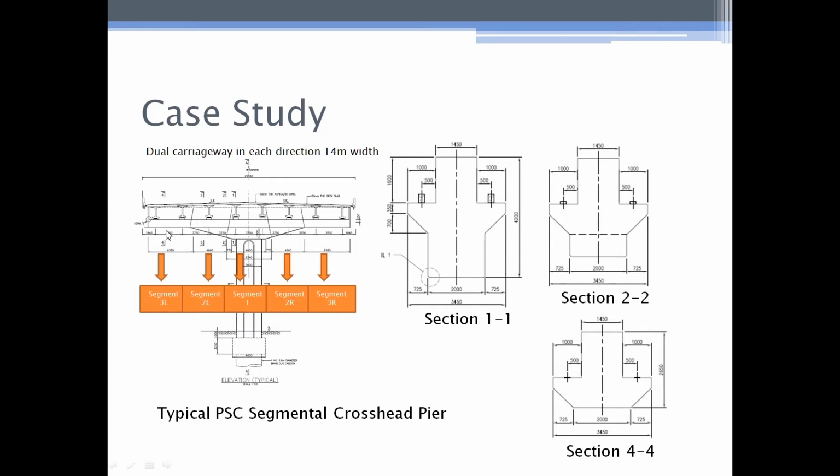You can see here the T pier types consist of 5 precast concrete segmental crosshead pier, and we will be going to see the design procedure of this type of pier.